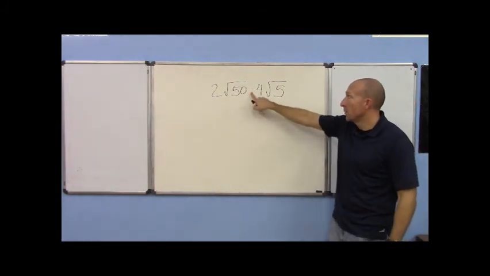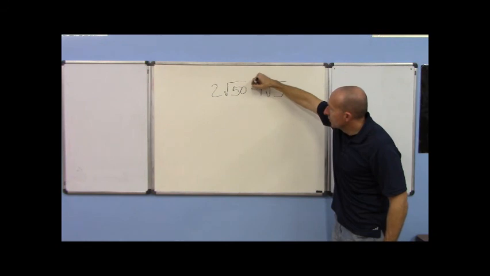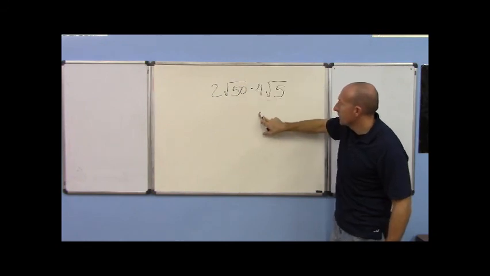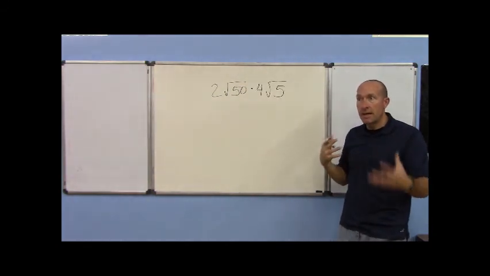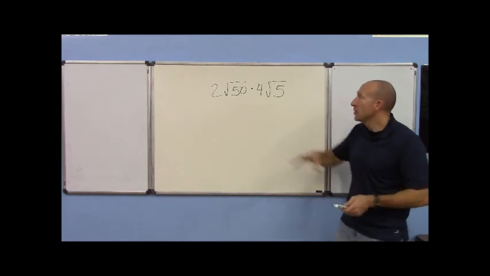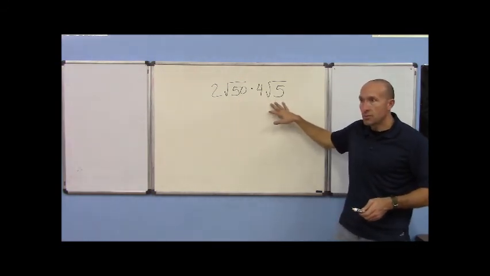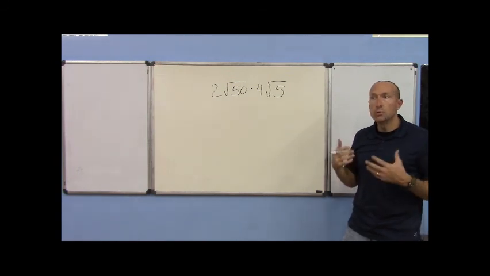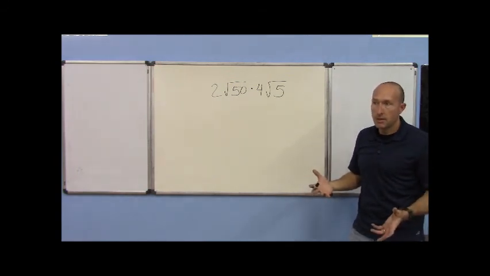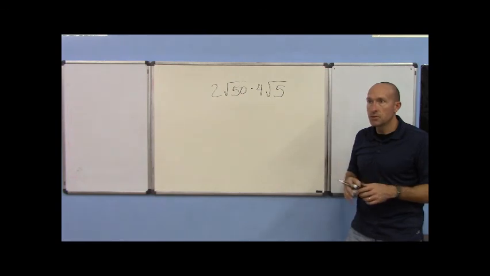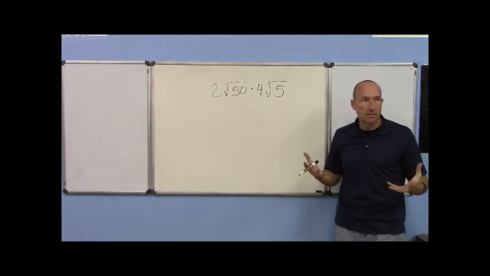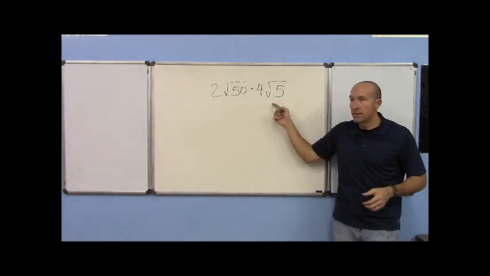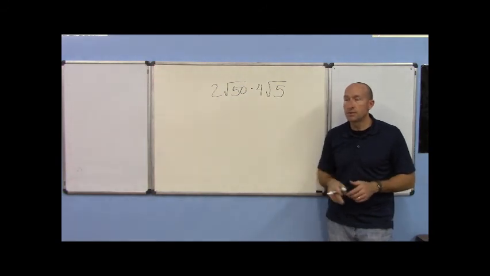Because we're multiplying, we're not adding. The rules are different whenever we multiply and divide than whenever we add and subtract. When you add and subtract, you have to have like terms in order to be able to combine them. Whenever you are multiplying or dividing, you do not. You can put them together. So what is your first instinct to do to simplify this or to perform this operation?